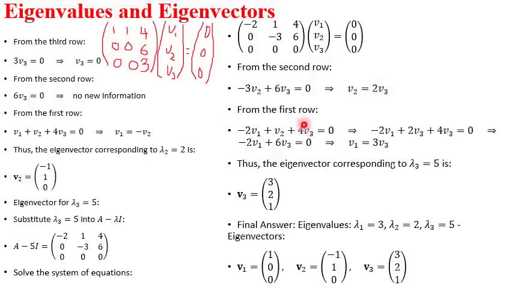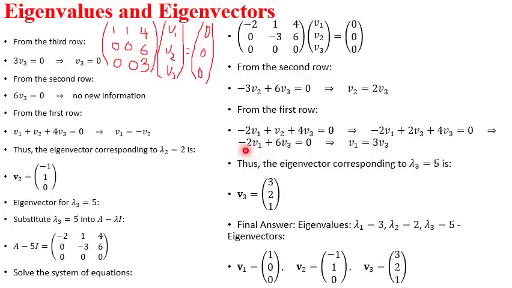And from the first row, the information here is minus 2 multiplied by V1, 1 multiplied by V2, and 4 multiplied by V3 equals 0. So we then have minus 2V1 plus 2V3 plus 4V3 equals 0.